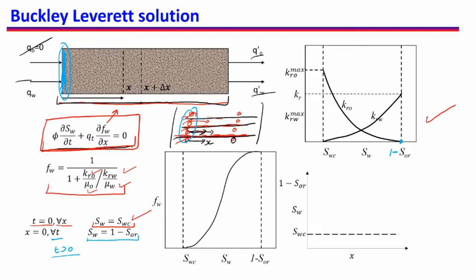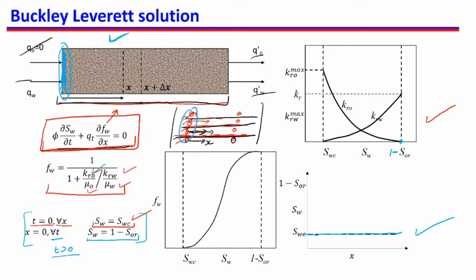So in this slide I will introduce how different quantities look. So now we know how relative permeability of oil and relative permeability of water look. What are the boundary conditions and how do they look? So here I am showing the boundary conditions. Here you see the initial condition, that initially at all x we have saturation SWC. Do not confuse that with this picture of the core.